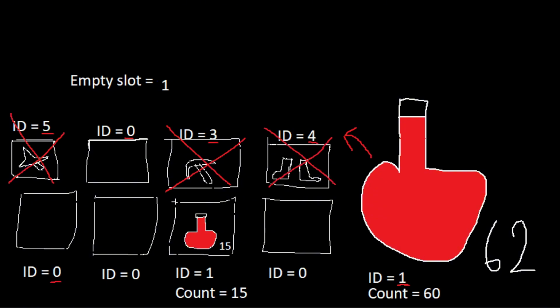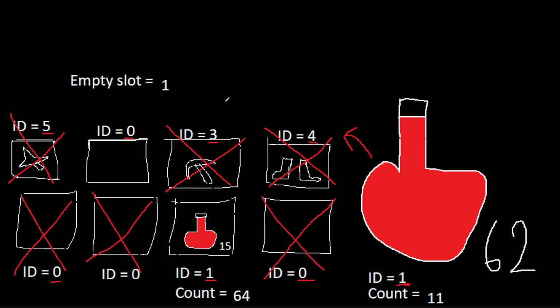I already found an empty slot, so let's skip over them. Here I found a slot with the same ID, so let's fill it up. Now that I looked over all the slots, I'll put the remaining items in the very first empty slot.